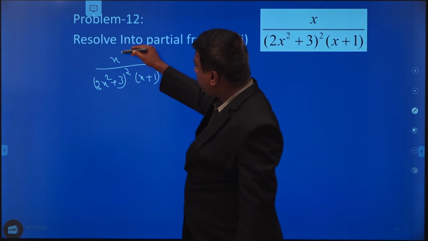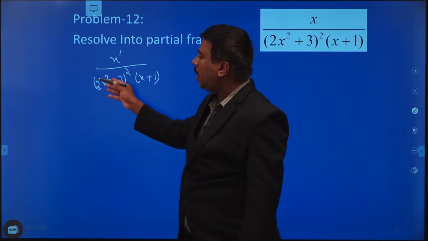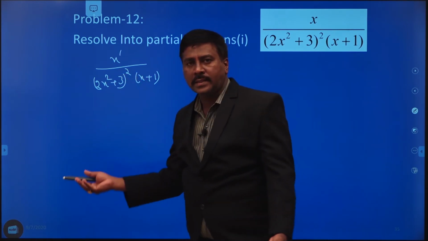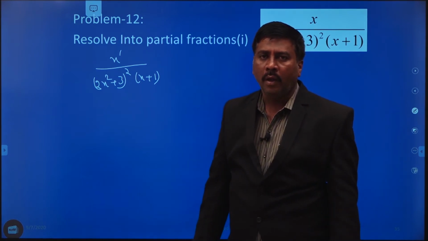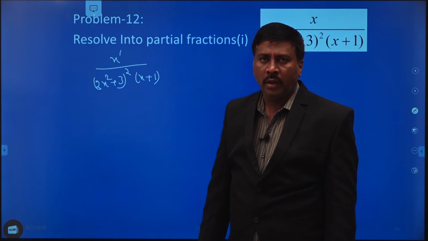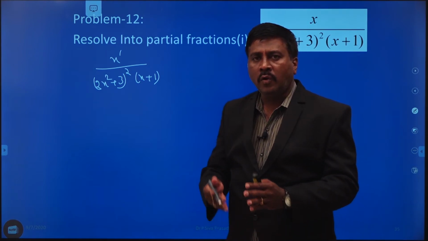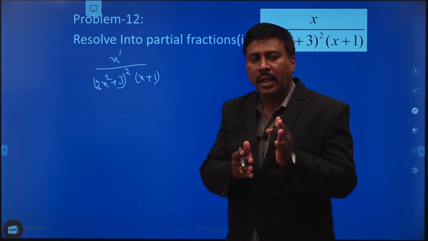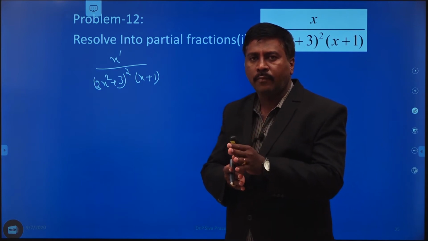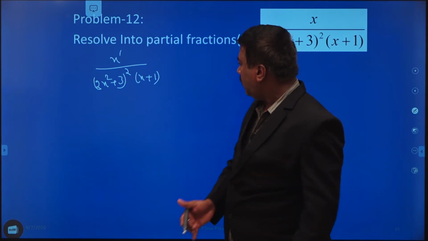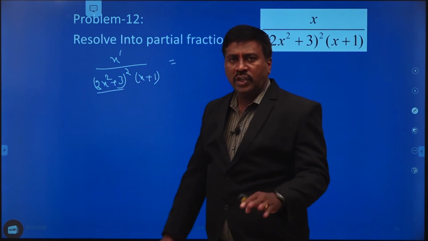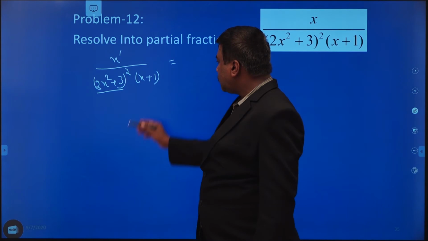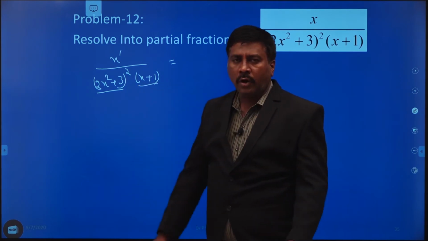Here the power of x in the numerator is 1, whereas in the denominator it is x to the power of 4 and times x, so x to the power of 5, so the problem comes under the category of proper fractions. After this, you have to discriminate which type it is: type 1, type 2, type 3 or type 4. Here the quadratic factor is repeated twice, and the linear factor is non-repeated.